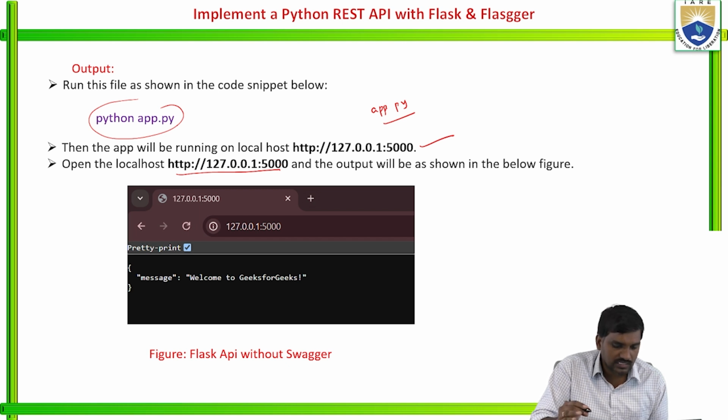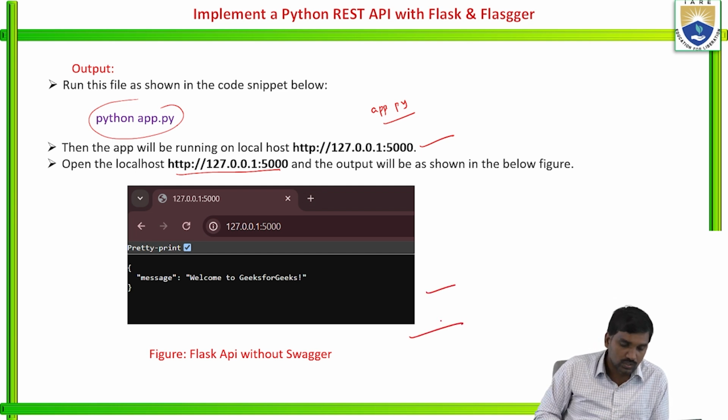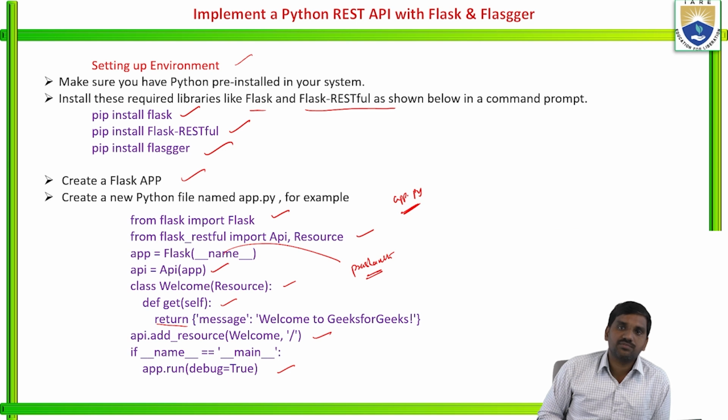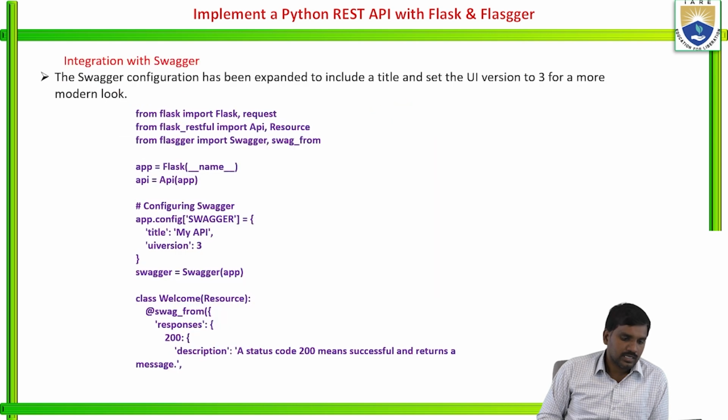When you click on the output, it will show like this: the message welcome to some point, whatever information you write there will be displayed in the output window. So this is the output of setting up the environment before creating the API using Flasgger.